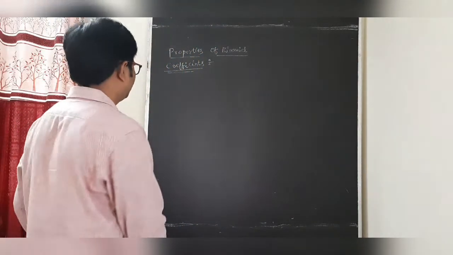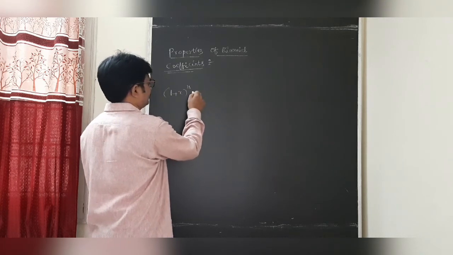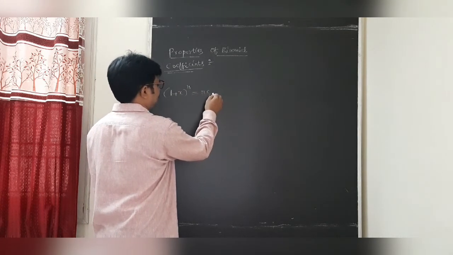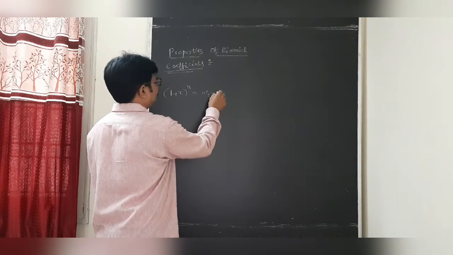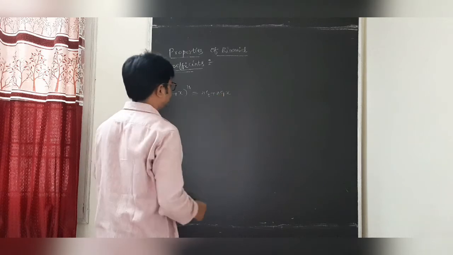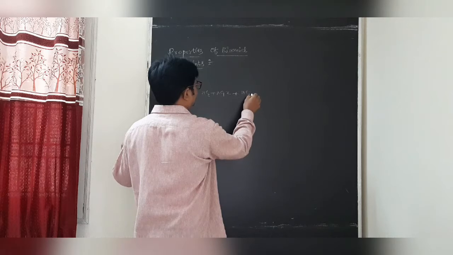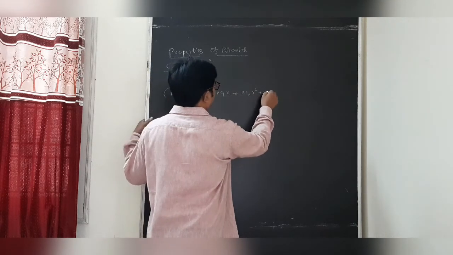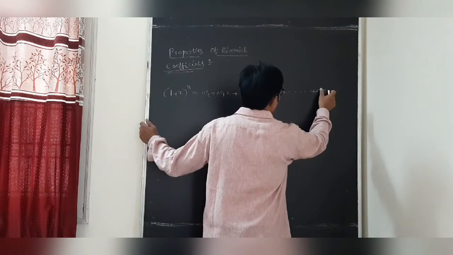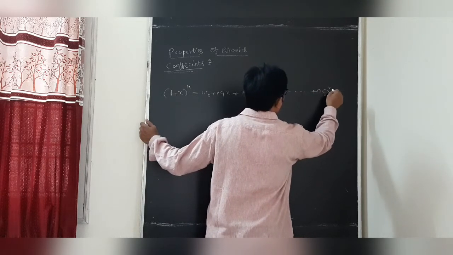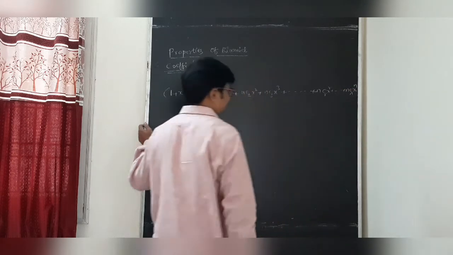First, we know the standard binomial expansion. What is it, students? (1 + x)^n is nC0, after that nC1 x, then nC2 x squared, nC3 x cubed, and so on, nCr x^r and so on. nCn, the last term, is x^n.